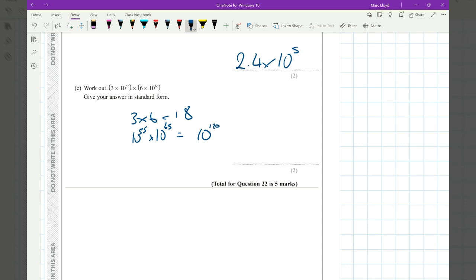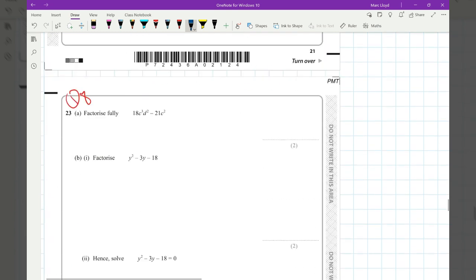That's not in standard form though. We need to divide that number by 10 and therefore multiply this one by 10. So 1.8 times 10 to the power of 121. 5 marks on standard form, so really worthwhile getting to know that.